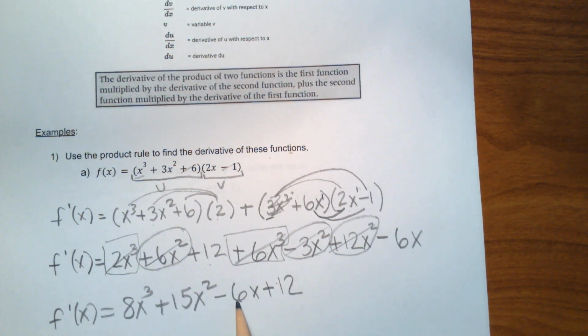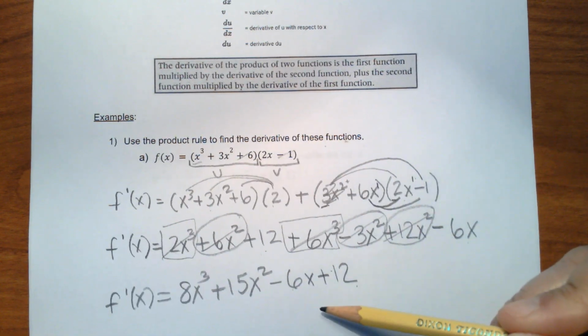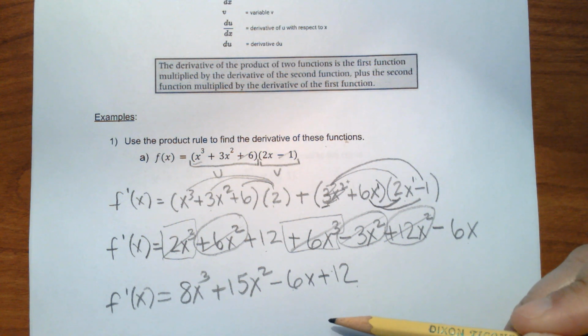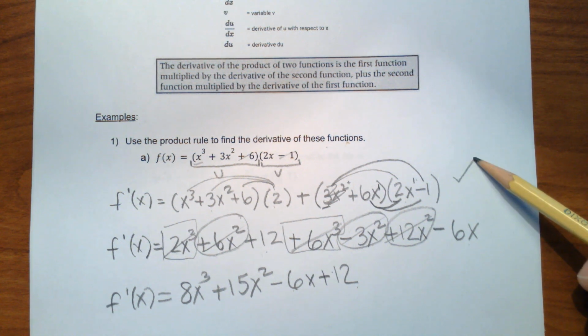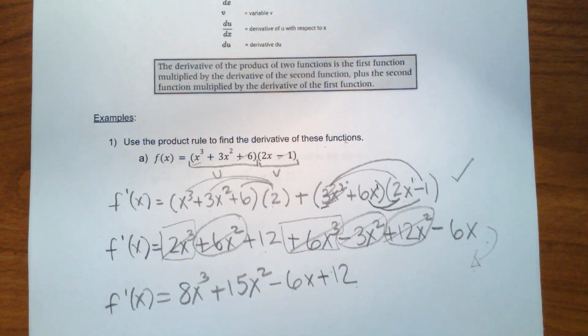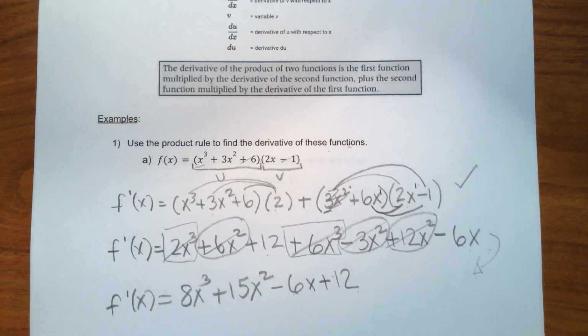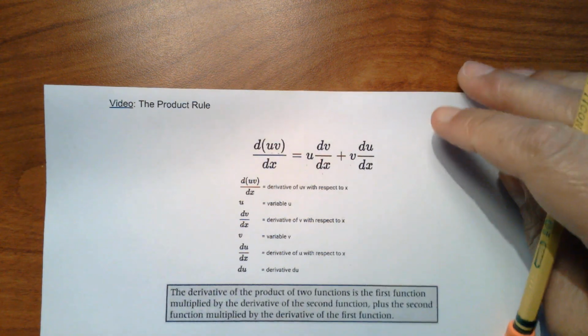We bring down the 6x first, and the 12 goes behind. So our answer is f prime of x equals 8x cubed plus 15x squared minus 6x plus 12. This is where we use the product rule. This is where we just simplified from here to here. Okay, multiplied and simplified. All right, let's look at another example.